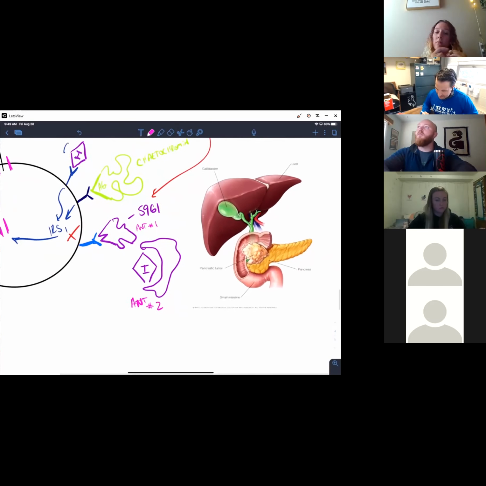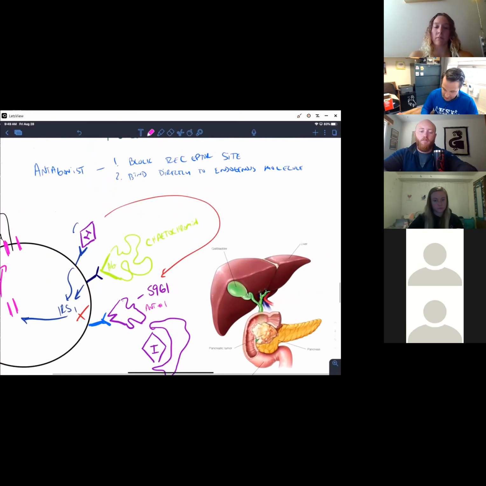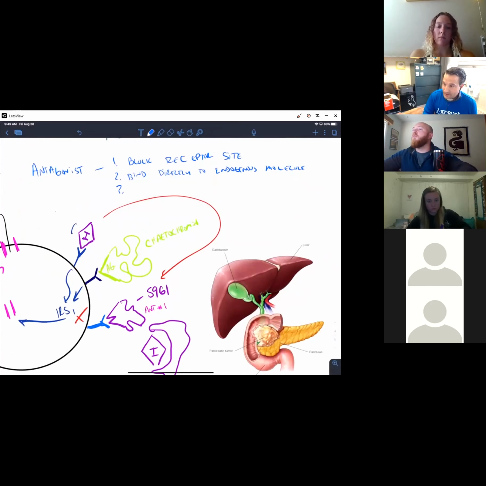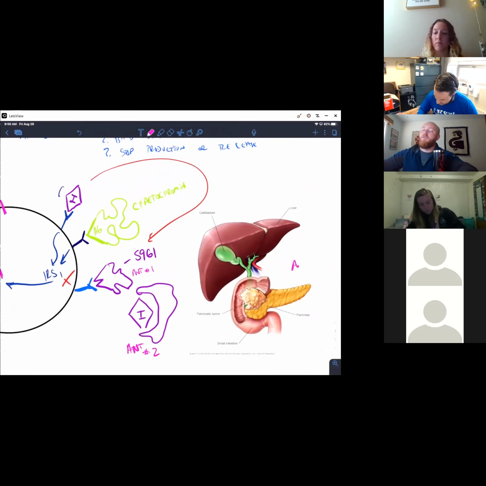The last type goes to the site of production. And this is stop production or release. So we have our antagonist 3 that acts directly on our pancreas.